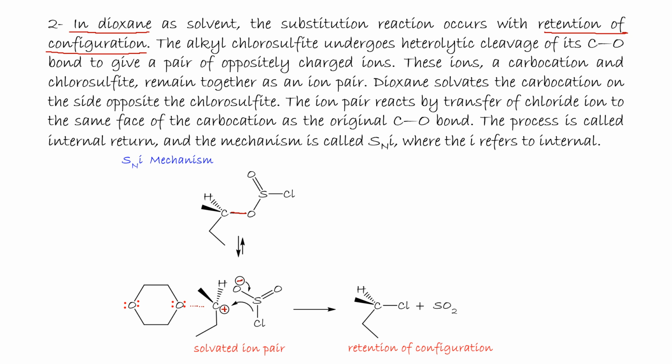The ion pair reacts by transfer of chloride ion to the same face of the carbocation as the original CO bond. This process is called internal return, and the mechanism is called SNi, where the i refers to internal.